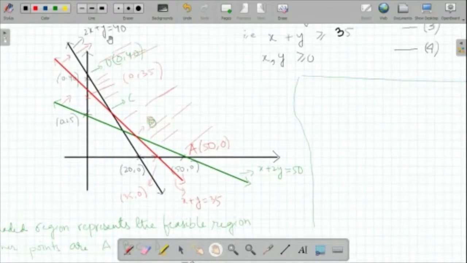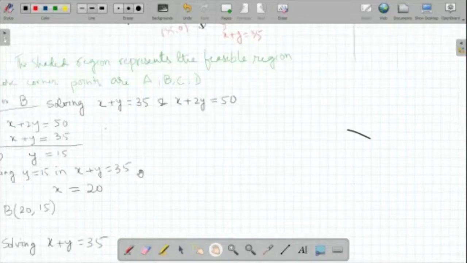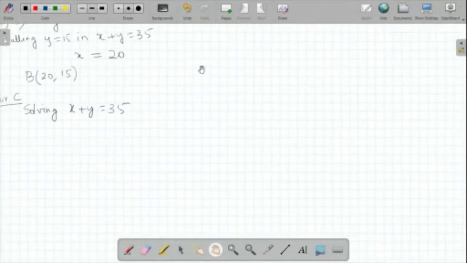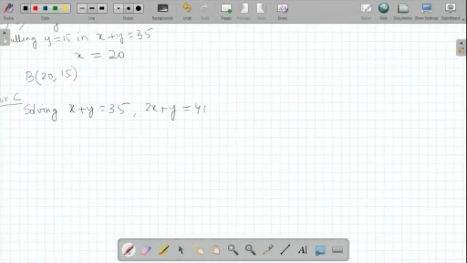And what is this black line? 2x plus y equal to 40, and x plus y equals 35. The coefficient of y here is 1, and the coefficient of y here is 1, so simply subtract it.